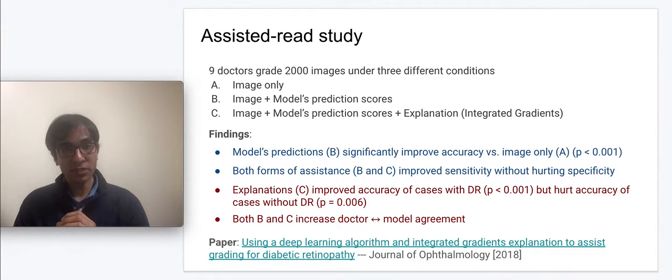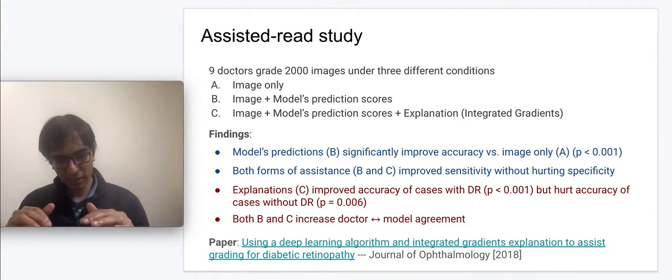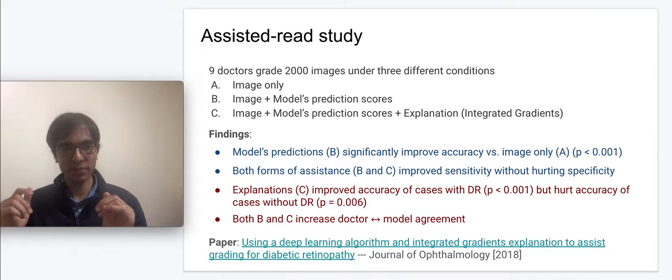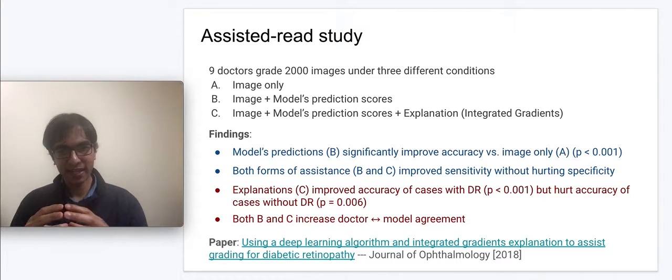We also found that both in experimental arms B and C, the doctor model agreement increased. So the doctor's predictions were more aligned with the model's prediction. So this is actually a form of over reliance, which has been studied quite heavily in this automation bias literature.